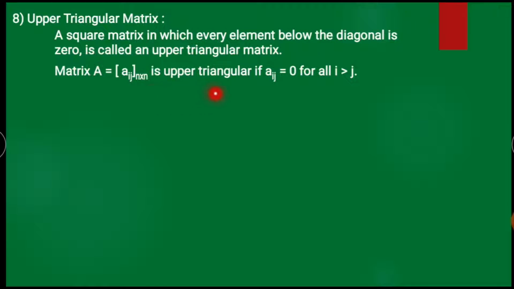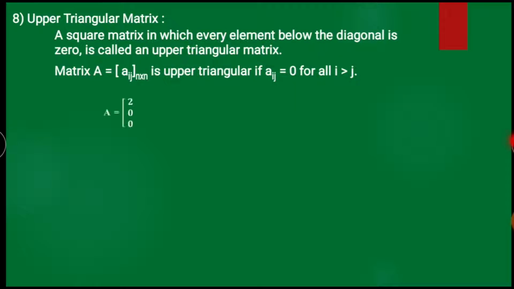With the help of symbolic form, if we consider a matrix A of order n by n and its element is denoted by Aij, it is upper triangular if Aij equals 0 for all i greater than j.